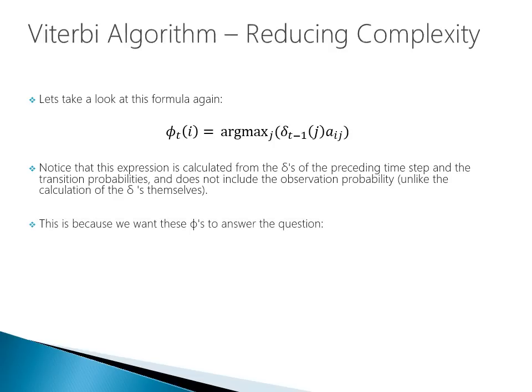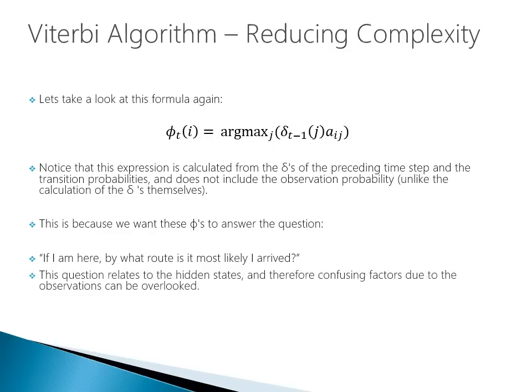This is because we want these phi's to answer the following question: if I am here, by what route is it most likely that I arrived? This question relates to the hidden states, and therefore confusing factors due to the observations can be overlooked.